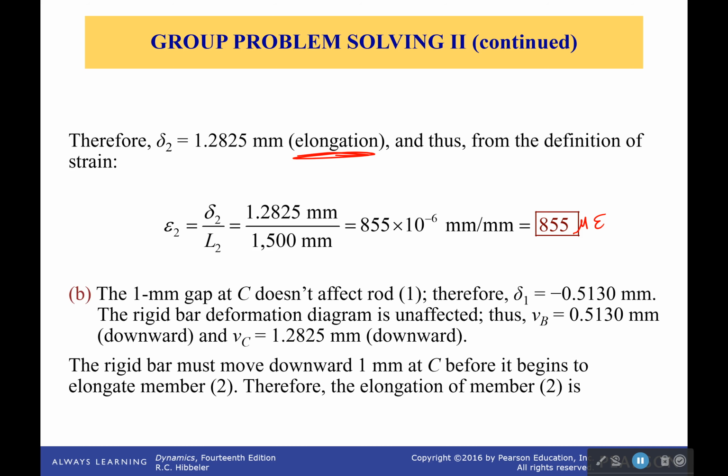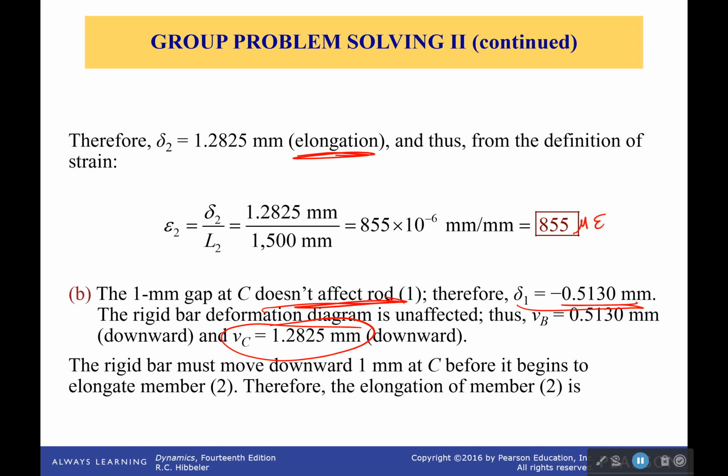Now, in the second situation, we have a 1 millimeter gap at C. Now that doesn't affect rod 1, therefore its elongation is going to be the same, and we'll still see that the joint C moves down by 1.2825 millimeters.